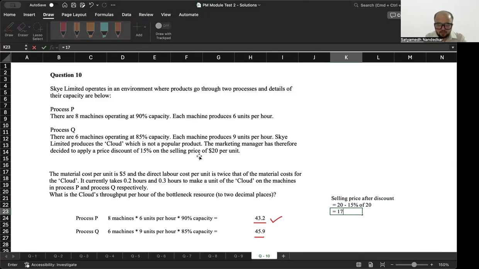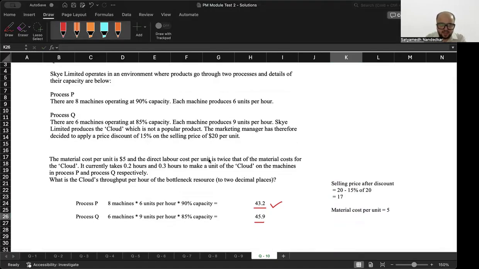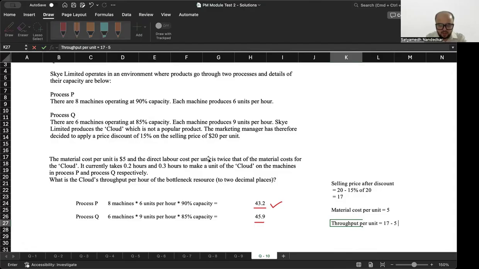That is 17. Now material cost per unit is 5. Throughput per unit is selling price minus material cost, which is basically 12.